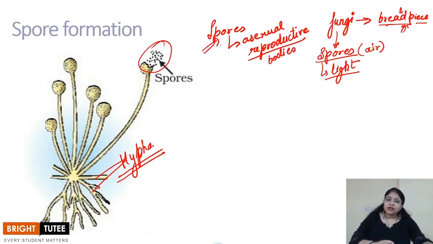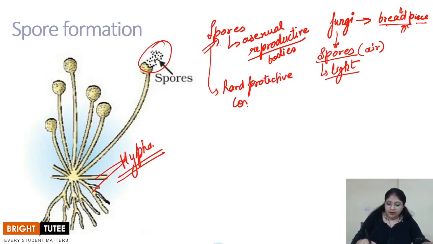Each spore is covered with a hard protective covering, so that when they are floating in the environment, they are safe, right? Until they find a favorable environment, they will not germinate, or they will not form a new organism.